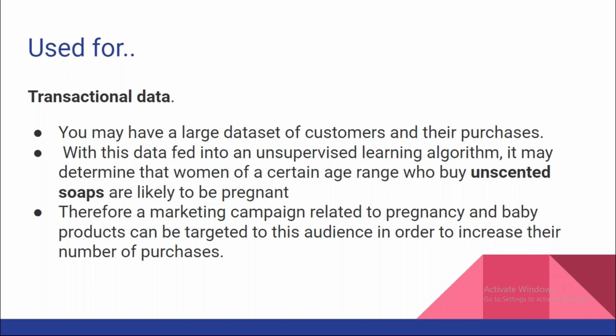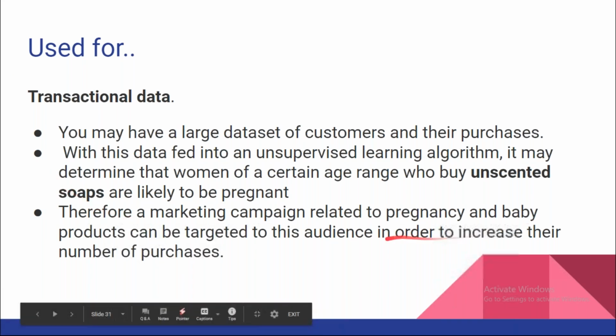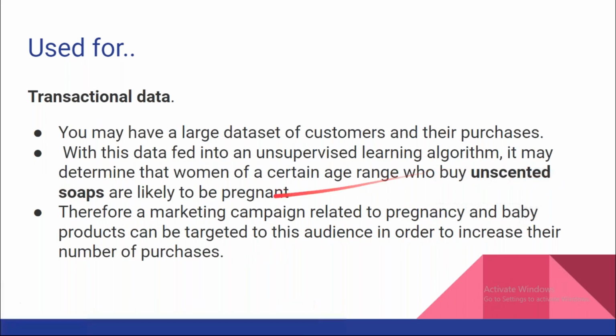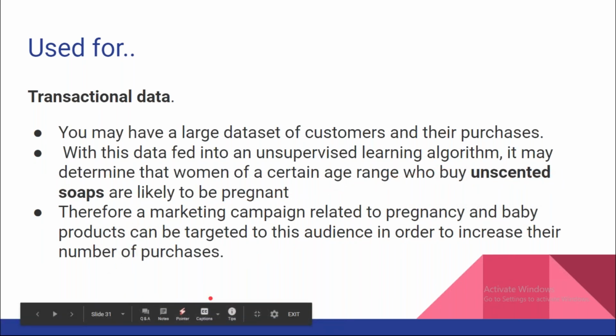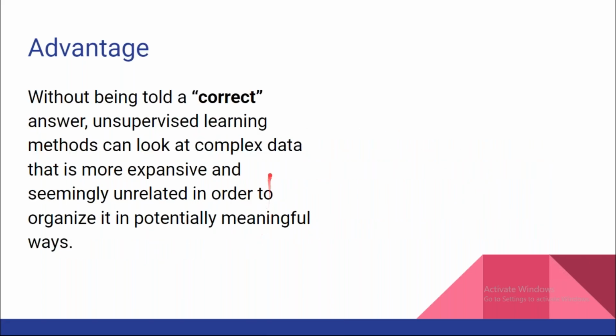So if I feed this data to my unsupervised learning algorithm, it might determine that women of a certain age range who are buying unscented soaps are likely to be pregnant. Based on this, I can make a marketing campaign related to pregnancy and baby products that can be targeted to this set of audience, which is buying unscented soaps. So then, what are the advantages?